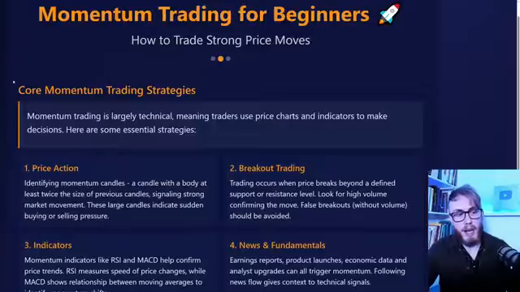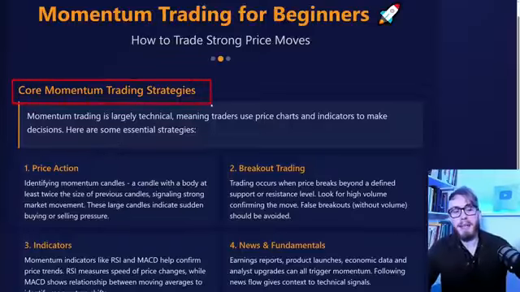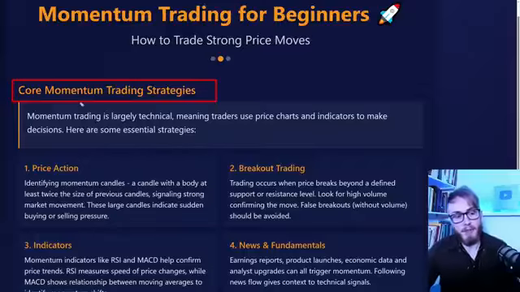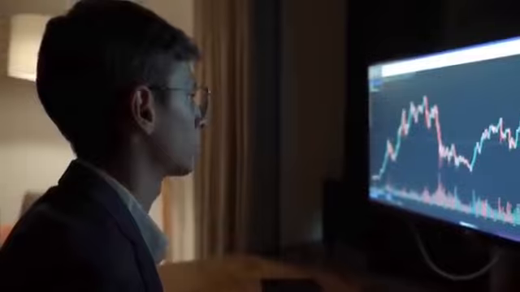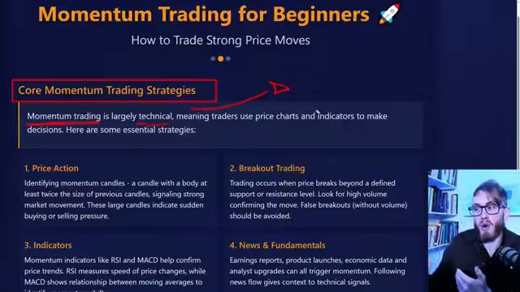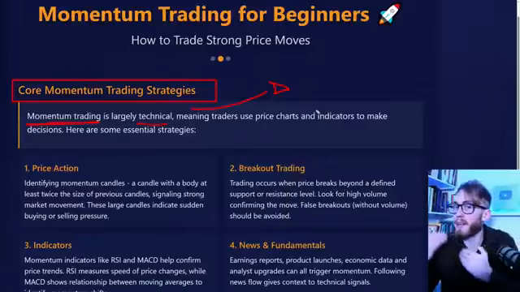But all right, so now, what are the best momentum trading strategies? Well, the first thing I want to mention here is that momentum trading is largely technical, meaning that we use technical analysis. However, some momentum traders are more focused on the fundamental side.